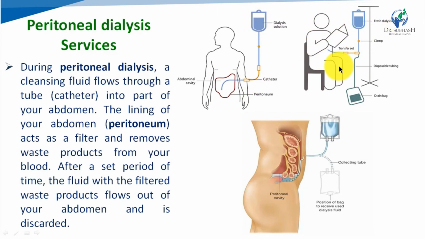Then after a certain period, once the liquid is saturated with toxins, the dialysis solution should be removed. Again the catheter is inserted, the fluid is removed from the abdomen and discarded.